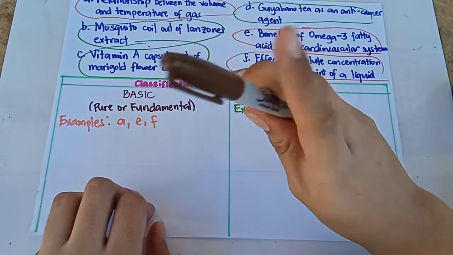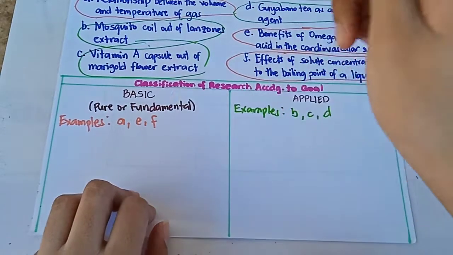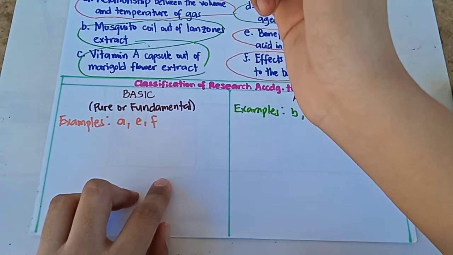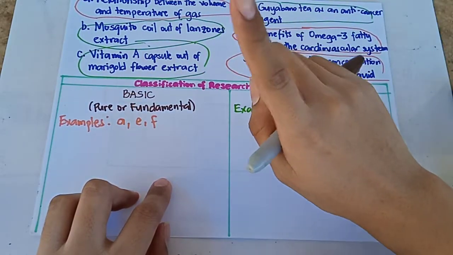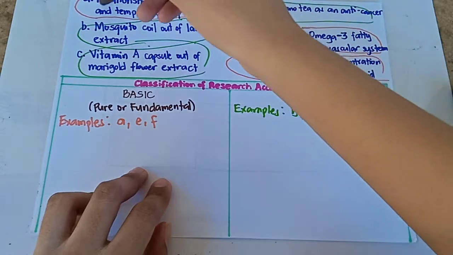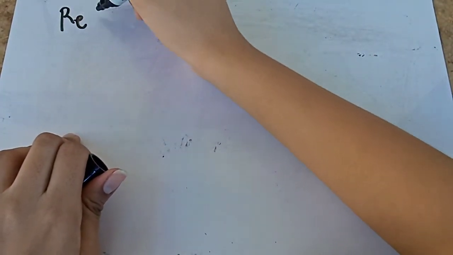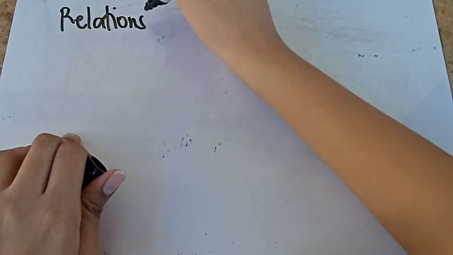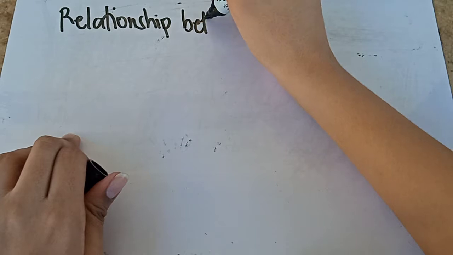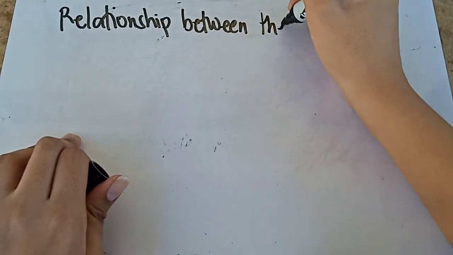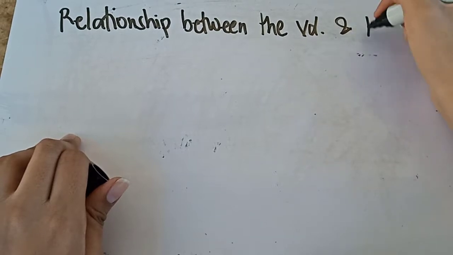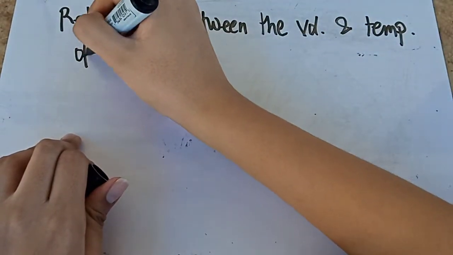Let us elaborate more on the main objective of basic research. To discuss it, let us use the example, the relationship between the volume and temperature of gas.